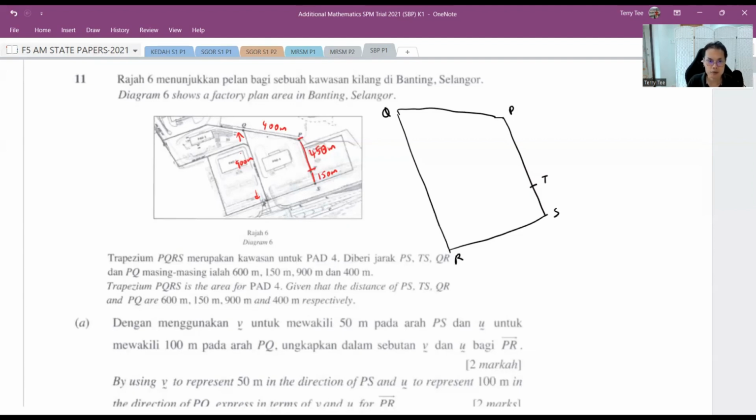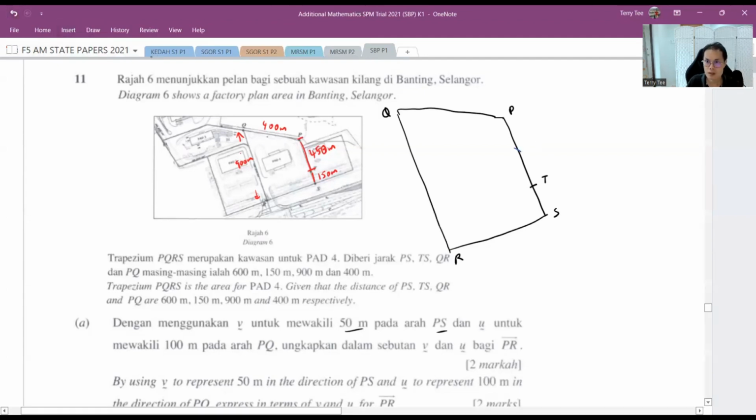Now they say by using V to represent 50 meter in the direction of PS. So 450 divided by 50 is 9. So I put a 9. This is vector V. Maybe I use a different color, say blue.